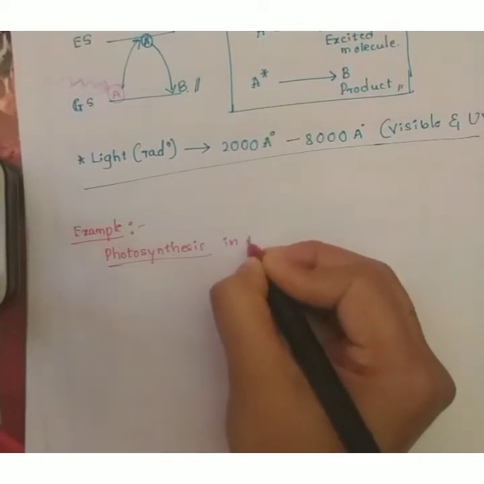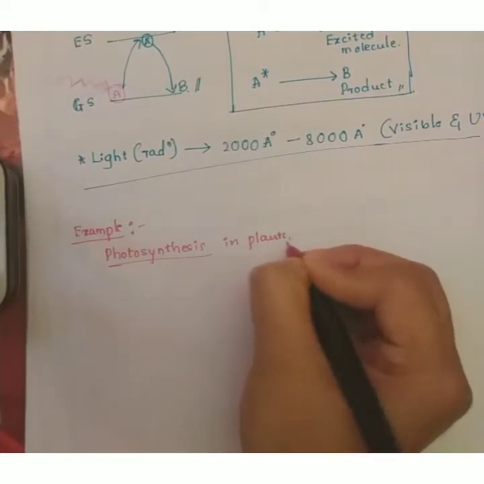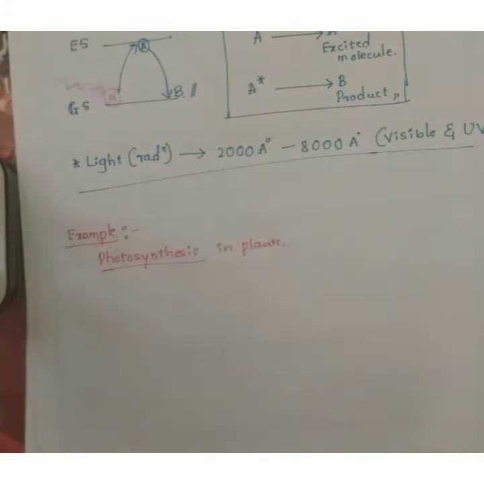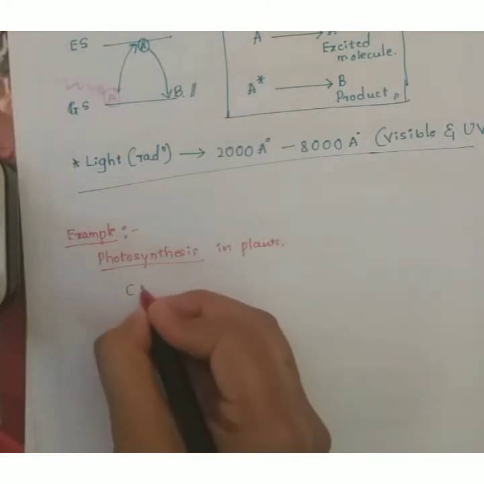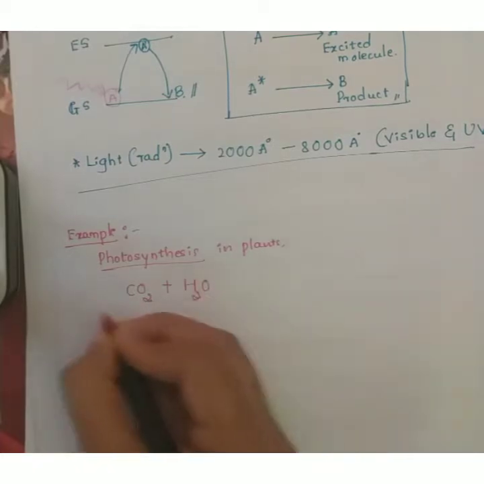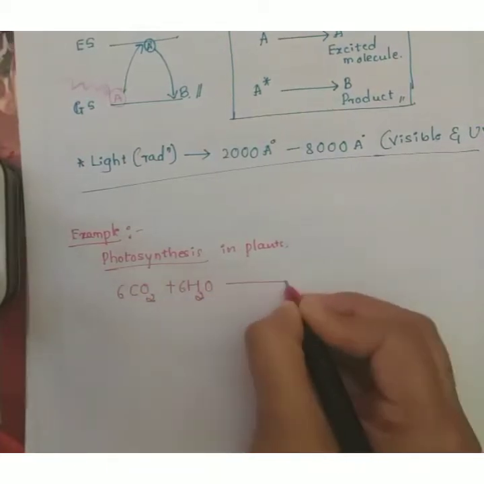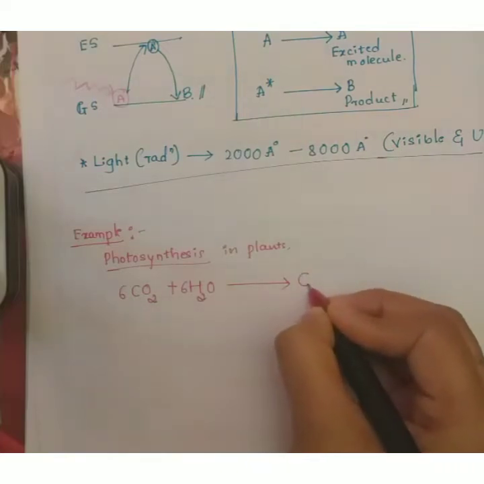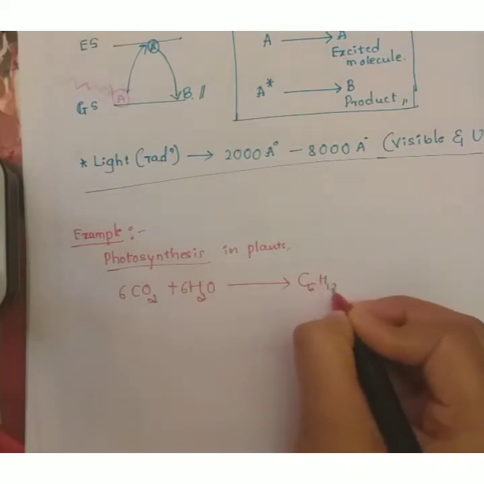Photosynthesis in plants. What happens in plants? The carbon dioxide molecule reacts with water molecules to form carbohydrates.